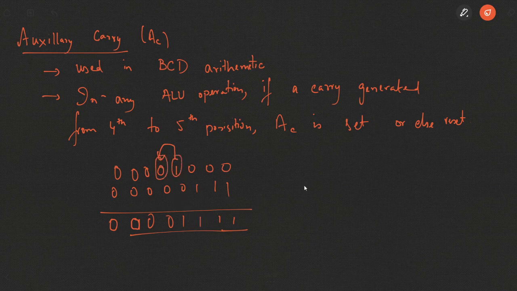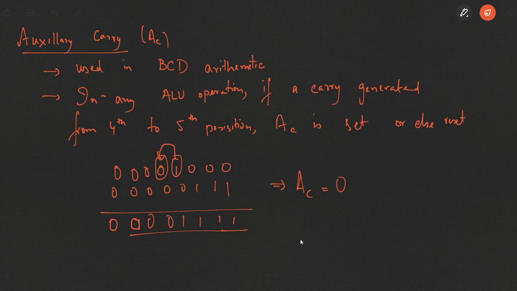In this particular case, no carry is generated on addition from the fourth to fifth place, so AC will be reset. That means AC will be set to 0. If in case there was 1 here, and this becomes 0 and this becomes 1, then AC would become equal to 1. So these are the two operations we need to identify: when the auxiliary carry will be set and when the simple carry will be set.